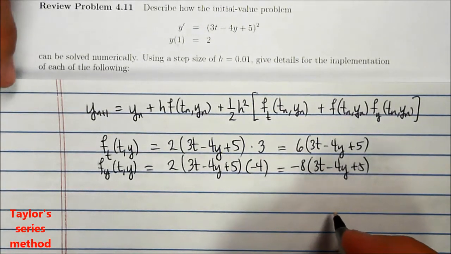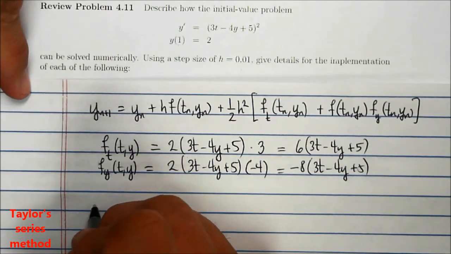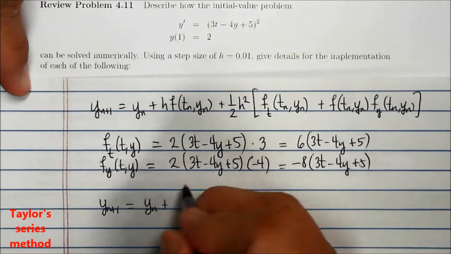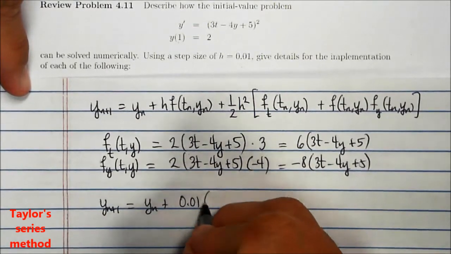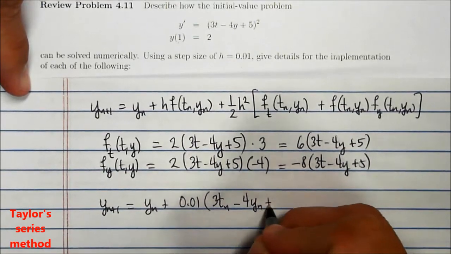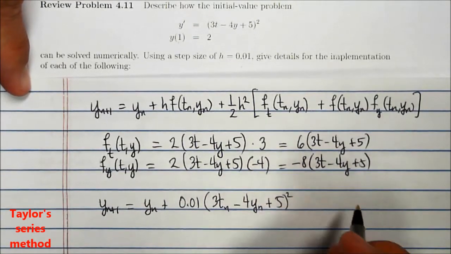And so therefore, we have the recursion relationship: y sub n plus 1 is equal to y sub n plus 0.01 times the quantity 3t sub n minus 4y sub n plus 5, squared.